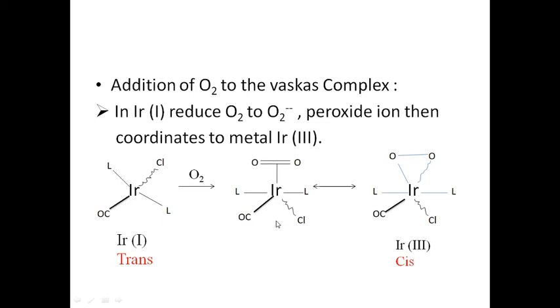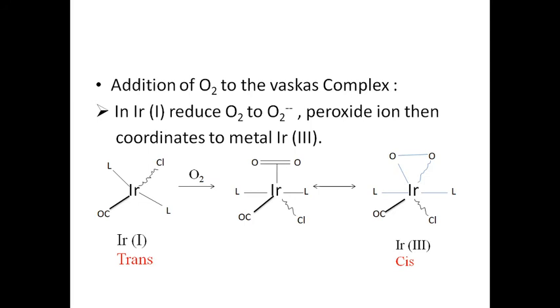to cis. Now the next step is formation of two new bonds between the two oxygens and iridium, and this sigma bond is broken. This sigma bond is broken and two new bonds are formed.